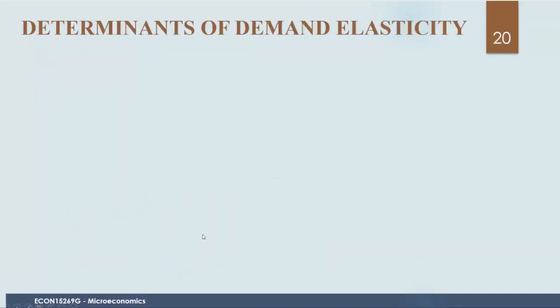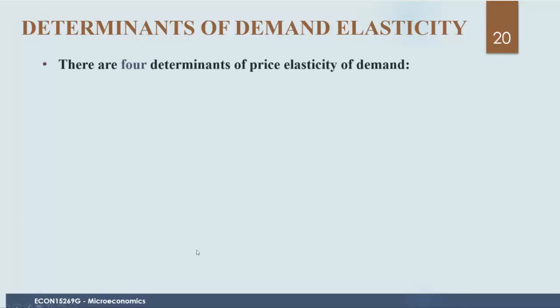So what are some of the determinants of demand elasticity? What are some of the reasons for consumers to be more sensitive to price changes in some cases than in other cases? We can categorize them into four different categories. One is, if you think of the price of a good, what is that price as a portion of a person's income?